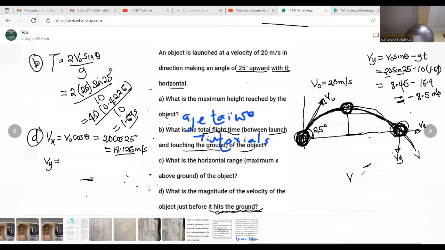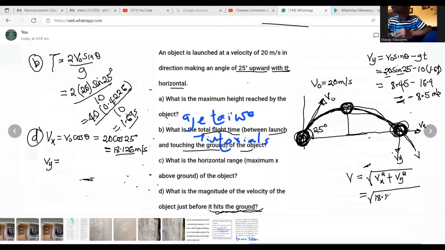What's Vx? 18.13. And what's Vy? Minus 8.5. What's the final answer for V? 20 meters per second.